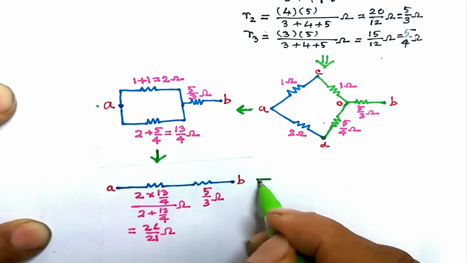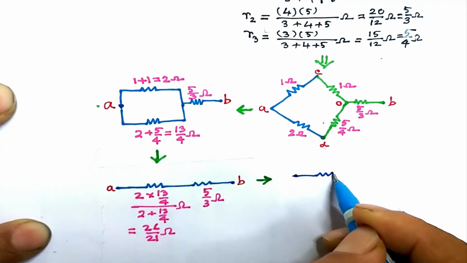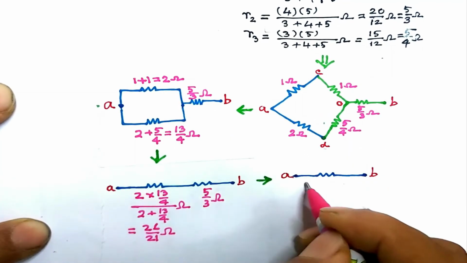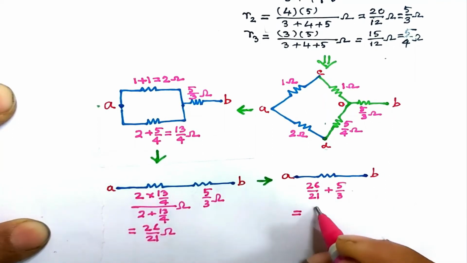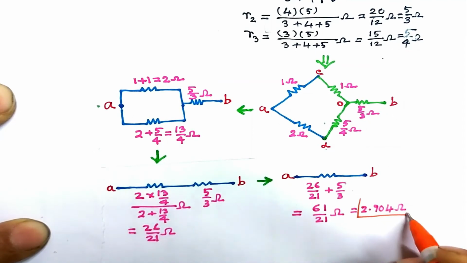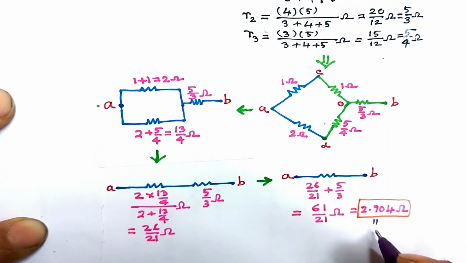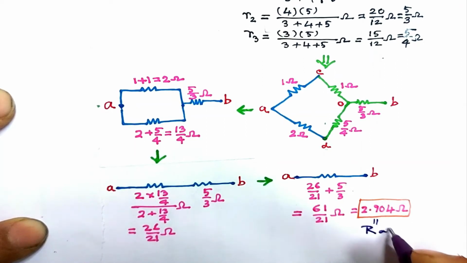We are on the verge of getting the final result. The series combination of the resistances 26 by 21 ohm and 5 by 3 ohm is 61 by 21, which is 2.904 ohm. This is the equivalent resistance between the terminals A and B. Call it RAB. Is this answer that we got correct?